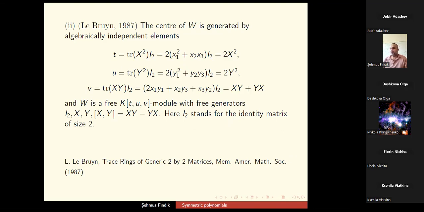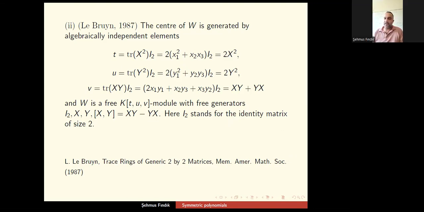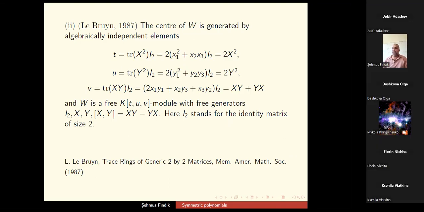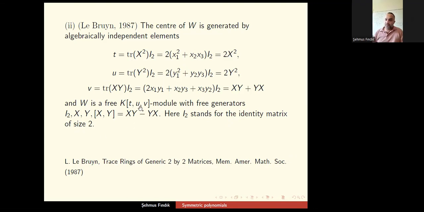So from here we can say that x squared, y squared, and xy plus yx are all scalar matrices. And the interesting thing is that the center of this algebra W is generated by these 3 elements. And it is a free k[t,u,v] module, which is the center of W, with these 4 free generators: I, X, Y, and the commutator of X and Y, which is XY minus YX.